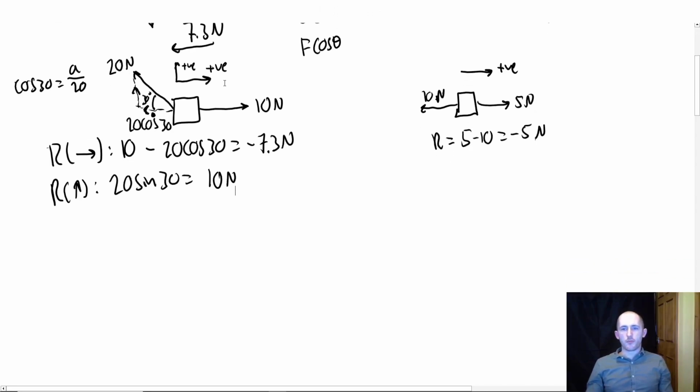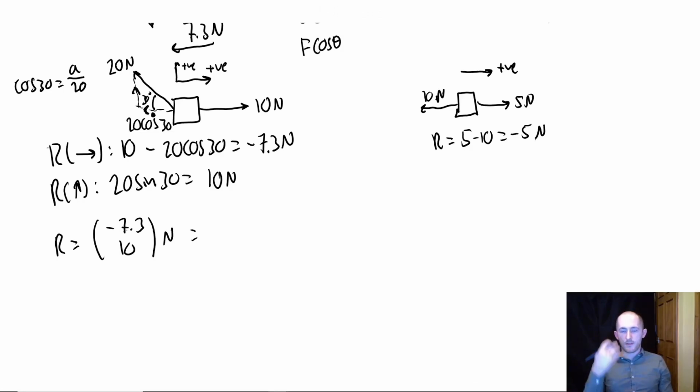Well, the overall resultant force, the actual magnitude of it, if I were to work it out, is a vector that has two components. So to actually work out what the value is, all you'd need to do is take the magnitude of the vector, which is adding them together and squaring them.